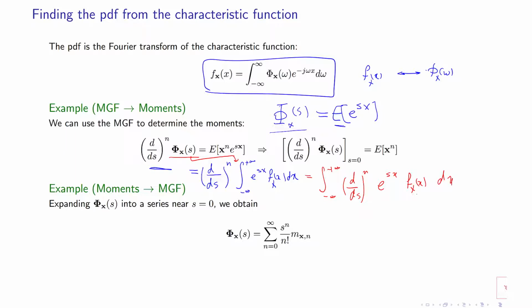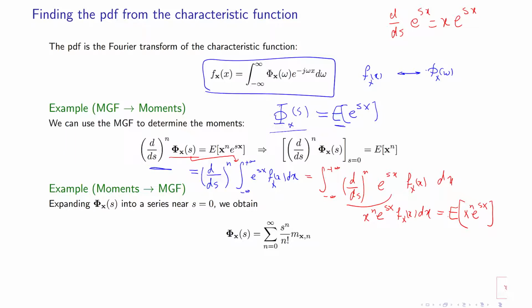Now fx of x is not a function of s, so the differentiation only applies to e to the power of sx. The derivative d to ds of e to the power of sx gives you x e to the power of sx, so each time you apply differentiation, you get one extra x. So this is equal to the integral of x to the power of n e to the power of sx fx of x dx, which is the mean of x to the power of n e to the power of sx, and that's it.